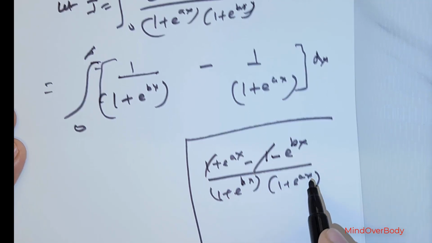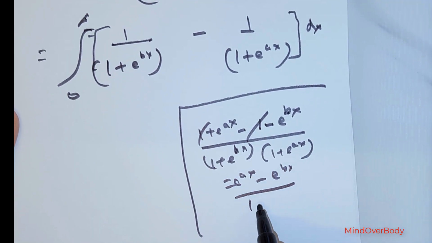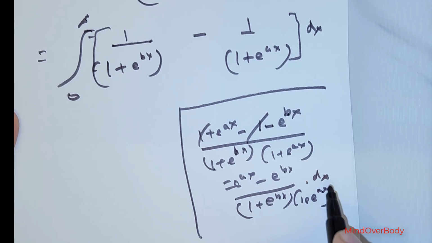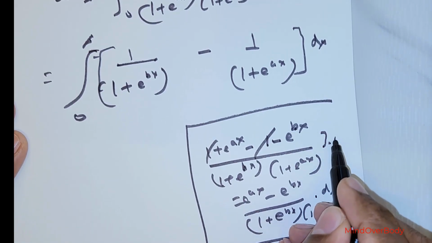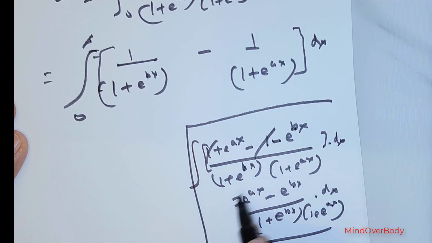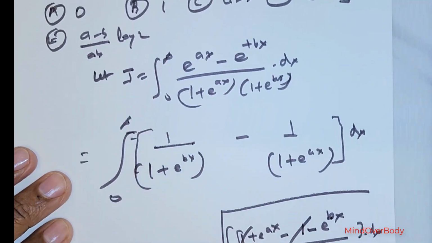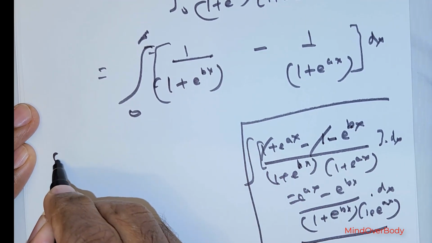Now negative 1 plus 1 goes off, giving us (e^(ax) - e^(bx)) divided by (1 + e^(bx)) times (1 + e^(ax)) dx. Okay, so this is exactly what we have. Of course, we need to have that dx, but this is just to show you that this is the same as the original.